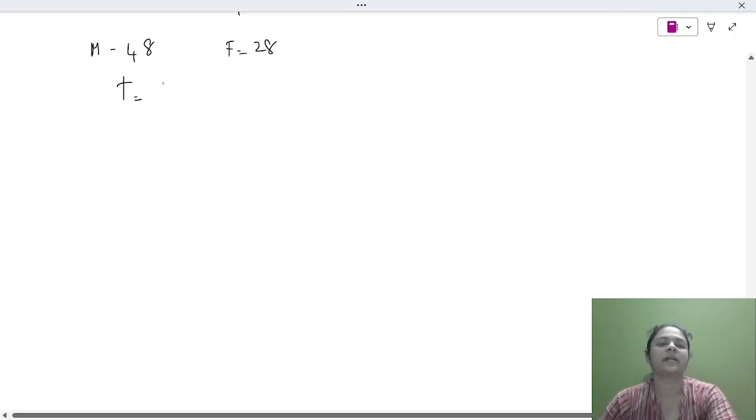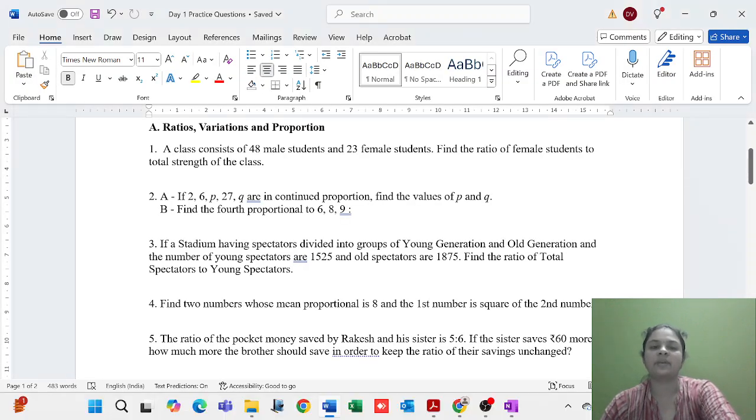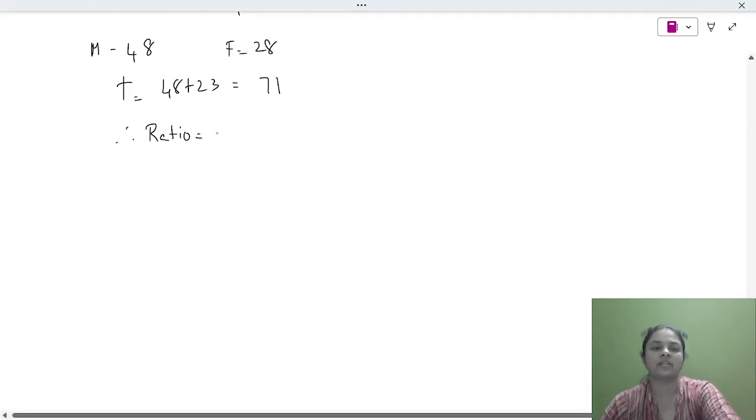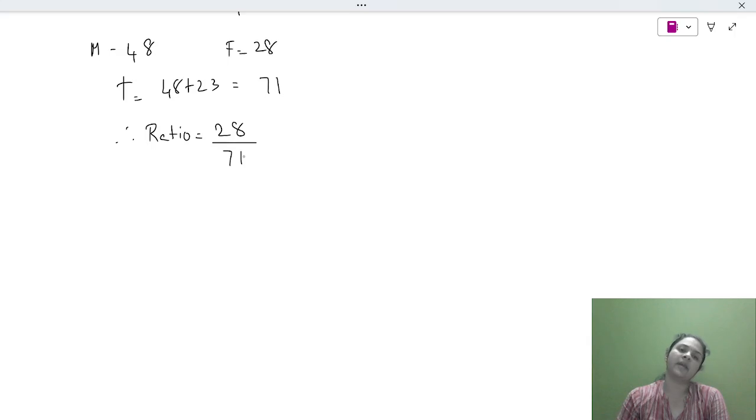So, total is 48 plus 23, which is 71. Therefore, the ratio that we are required here is female to total strength. So, female is 23 divided by 71.